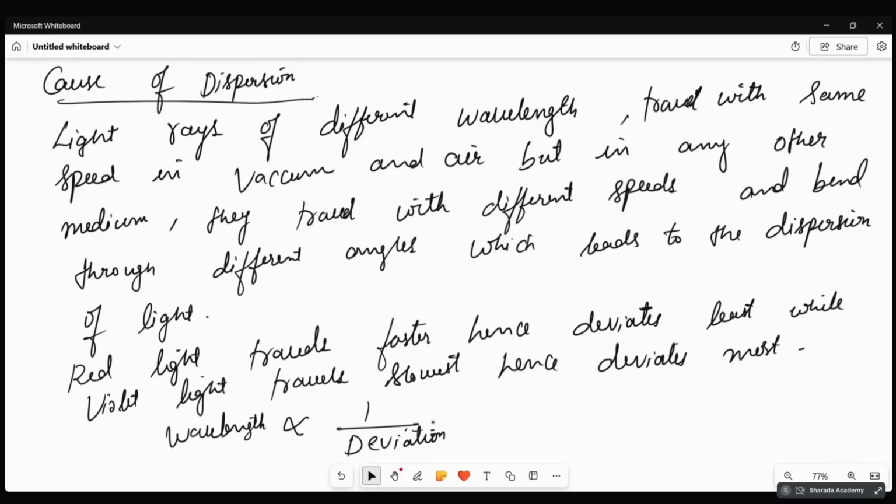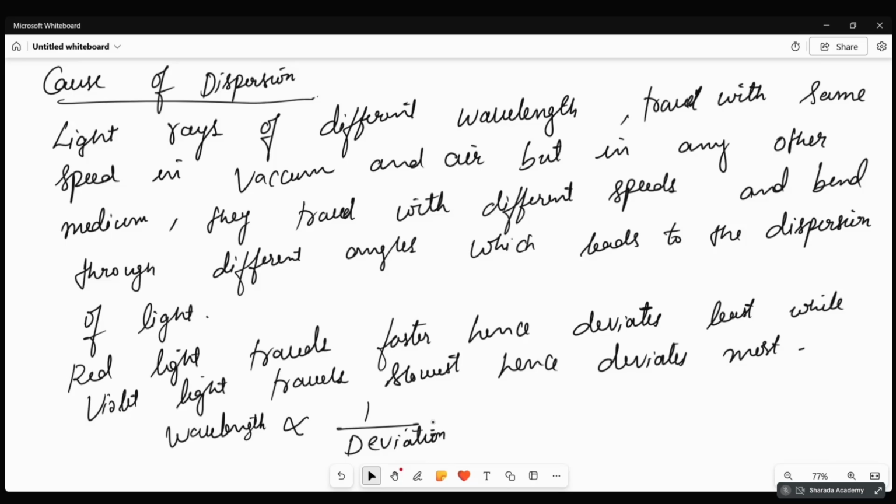We can connect things to each other. Refraction, how much it will bend depends on the difference in velocities, correct? So red light travels faster, and the difference in velocity is less. So bending will be less. That's what we see here also.